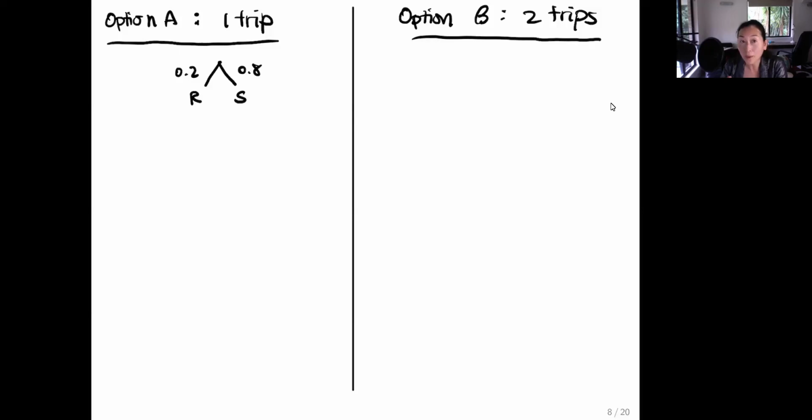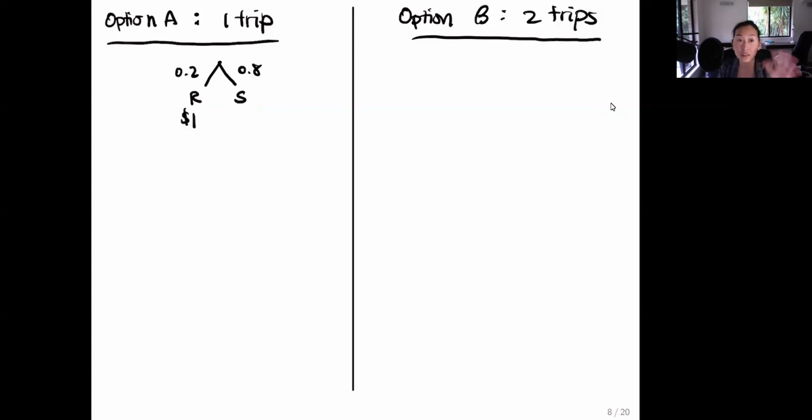And what is the wealth or the outcome? Next, you know the events, and you need to know the probability, and you need to know the wealth value associated with each outcome. So the wealth value here, if she is robbed with only 1 trip, means she lost all of the $100,000 that she carried. So what is her wealth if she gets robbed? The wealth is $1. Don't forget the $1 that she already has in the bank.